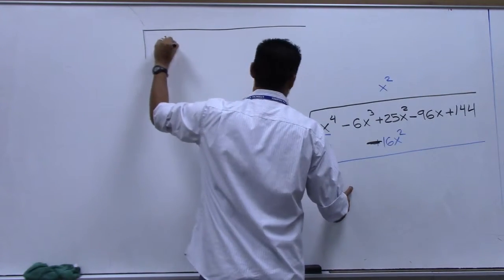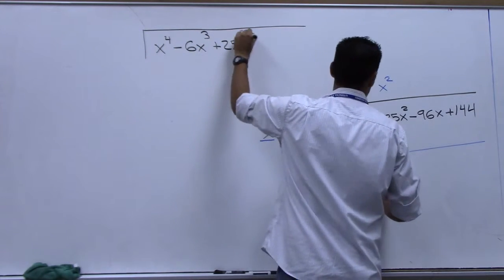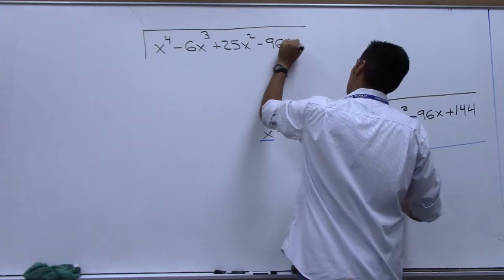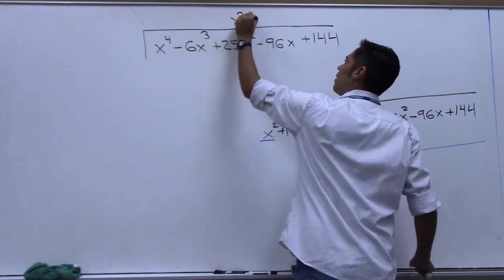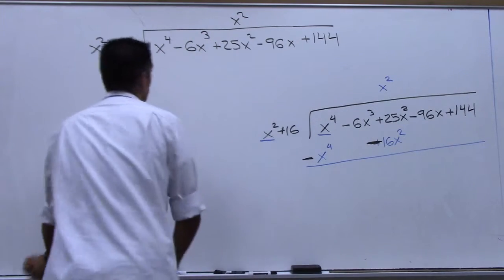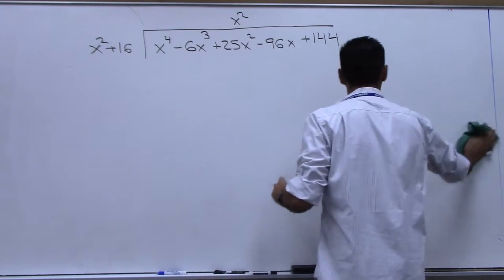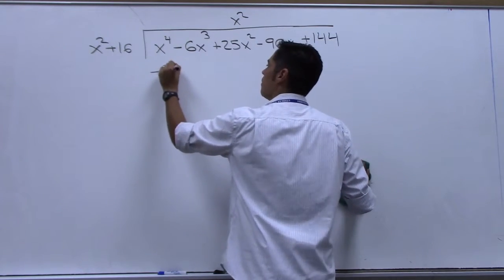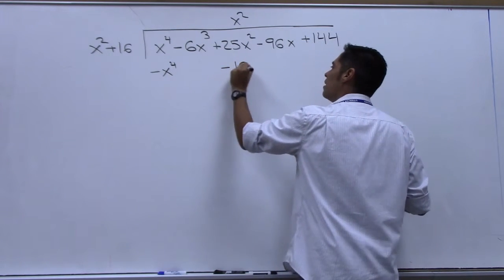X to the 4th minus 6x cubed plus 25x squared minus 96x plus 144. You did x squared here. It's negative x to the 4th. And then it became minus 16x squared.